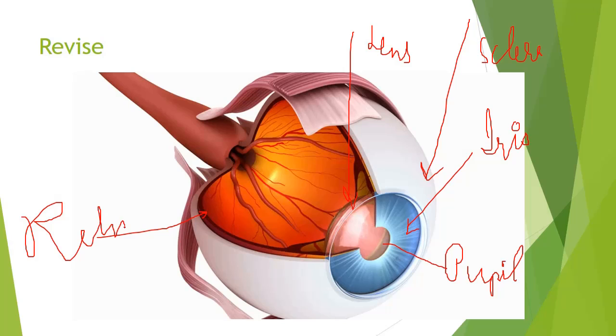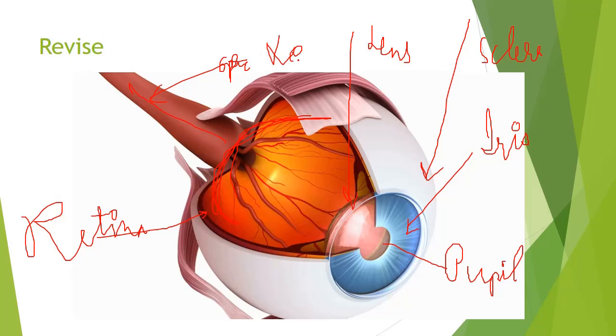It's like a screen. Like a computer has a screen where we see the images, our screen is this retina. Then this is the optic nerve. How do we remember the optic nerve?